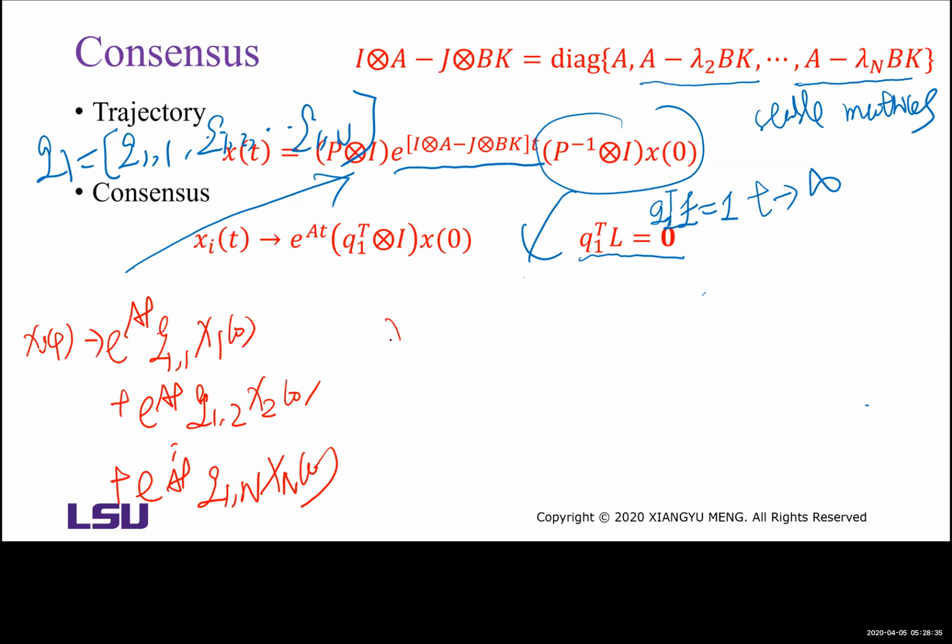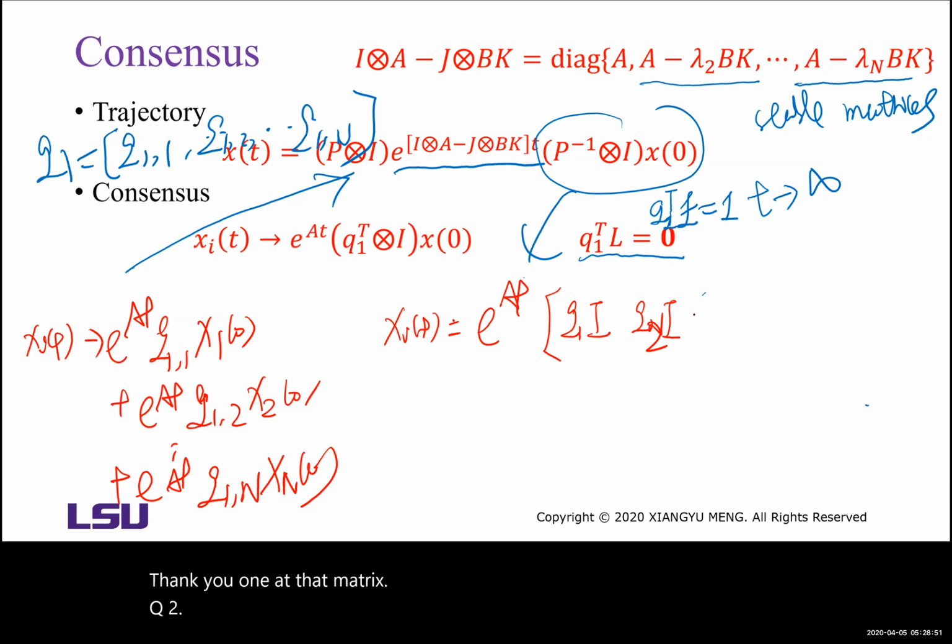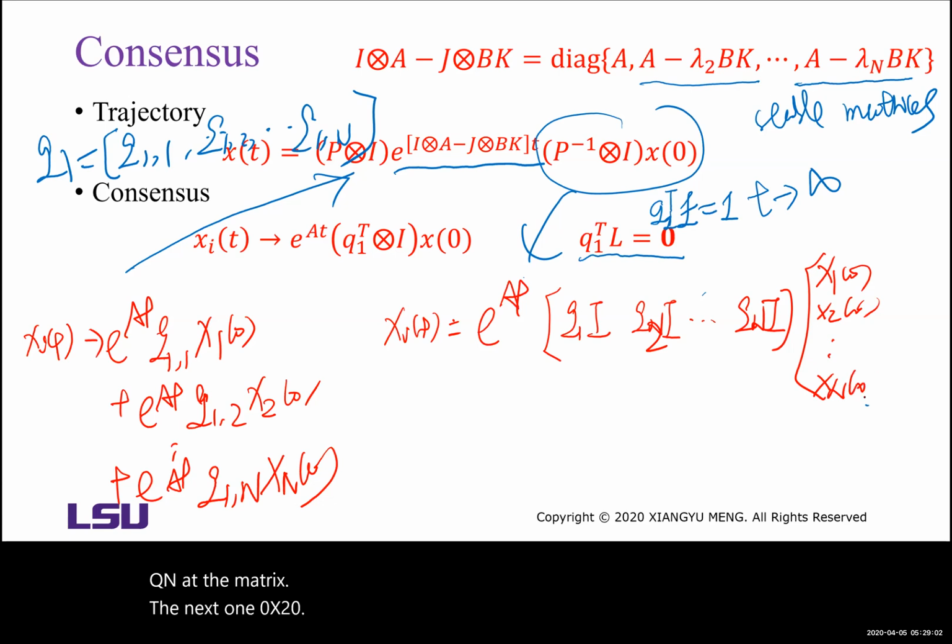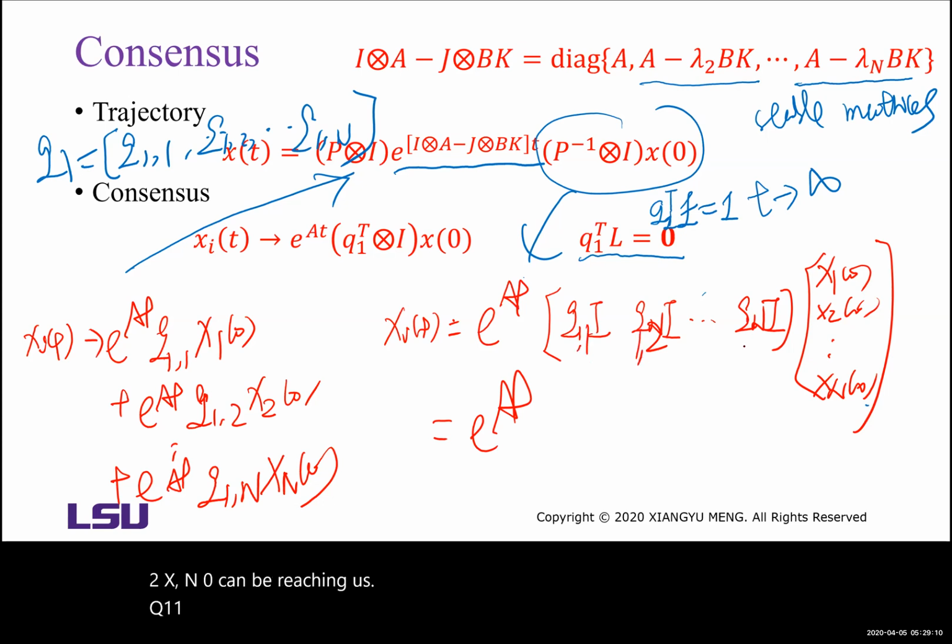Then xi(t) can be written as e^(At), then Q11 identity matrix, Q12 identity matrix, Q1n identity matrix, then x1(0), x2(0), till xn(0).